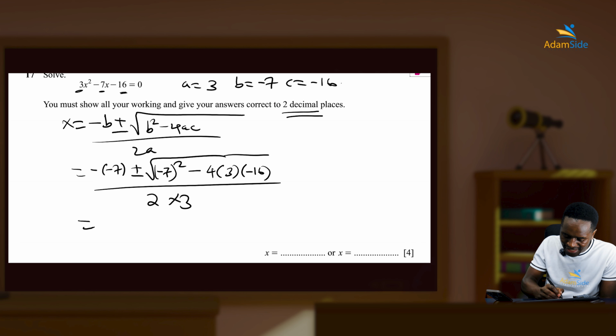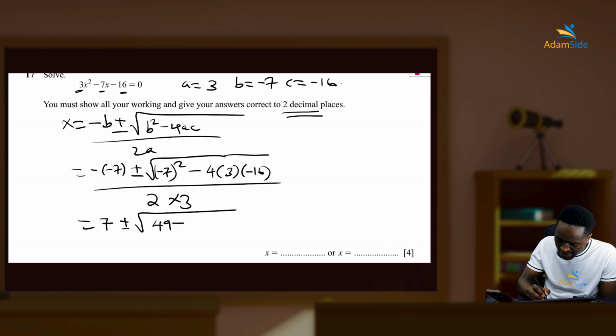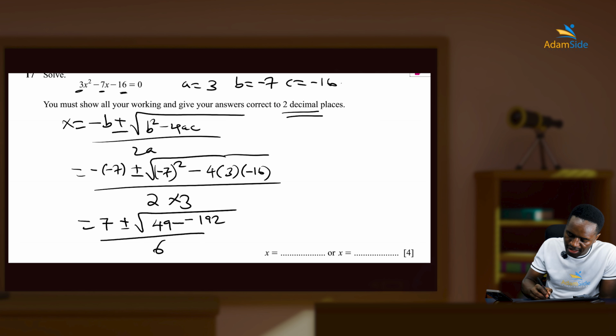Correct. Perfect. Negative, negative becomes positive, plus or minus. Negative 7 square is 49, minus 3 times 16 is 48, 48 times 4, you get 192. So negative 192, because 48 times 4 is 192, divided by 6.